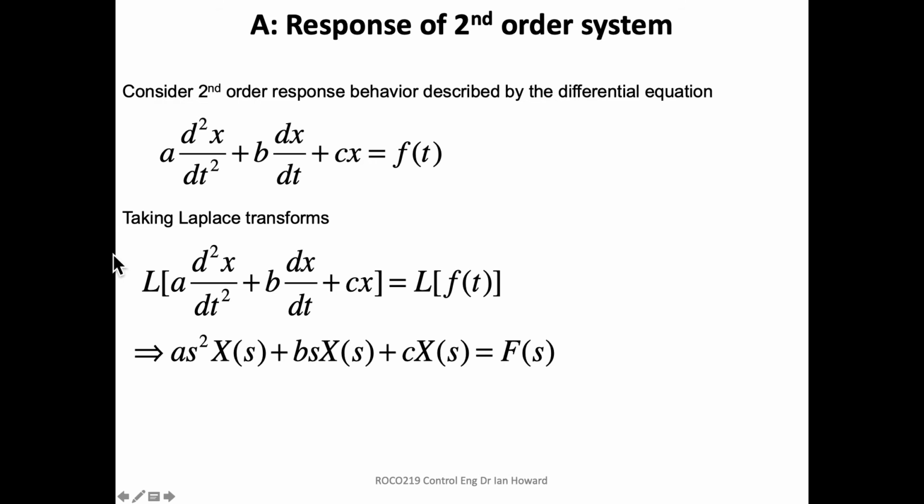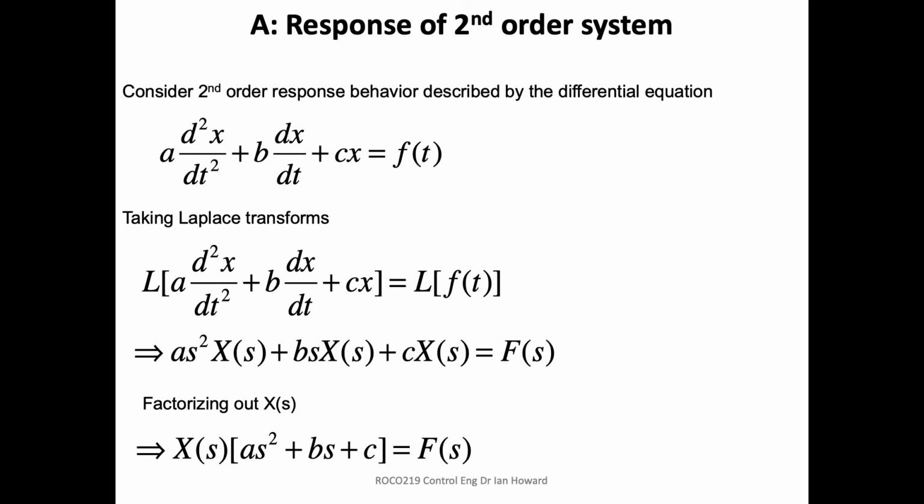The important thing to note is a, b and c are just constants. The second derivative goes to s squared x of s. The first derivative of x goes to s times x of s, and x just goes to x of s. And f of t goes to f of s. Then we factorize out the x of s, which is easy because they've all got them in on the left-hand side.